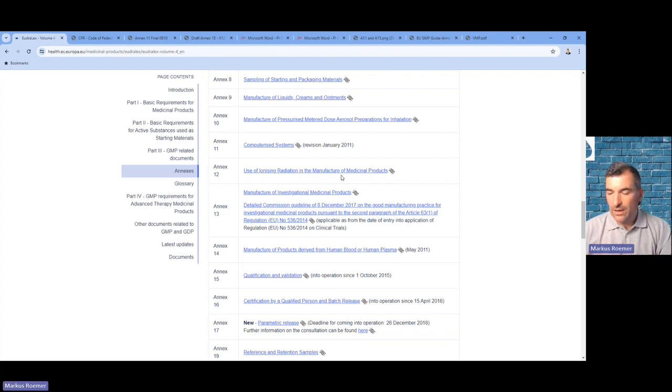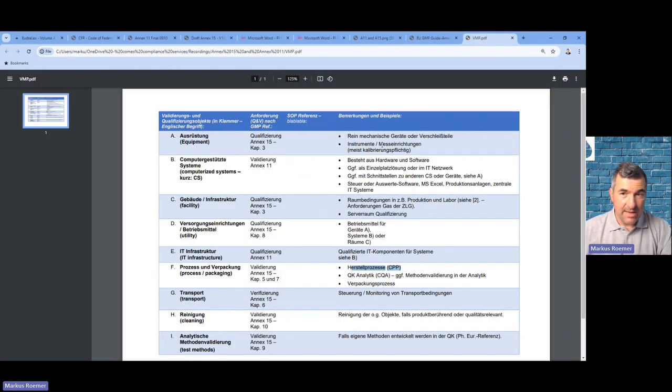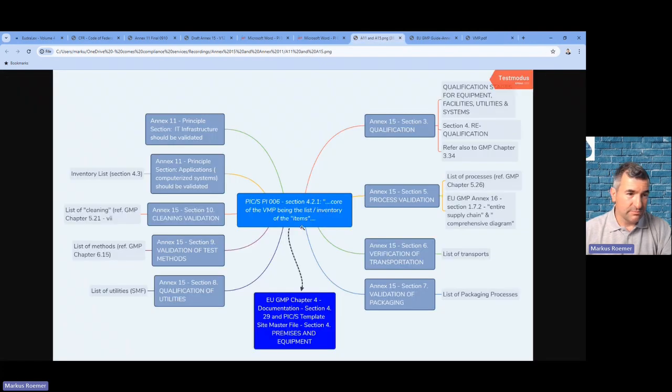I didn't know how much time it took me and if the message was coming through. I like this table. Maybe you also see a need for having something like this in your site master file. You will see a lot of relationships. Try to find that.